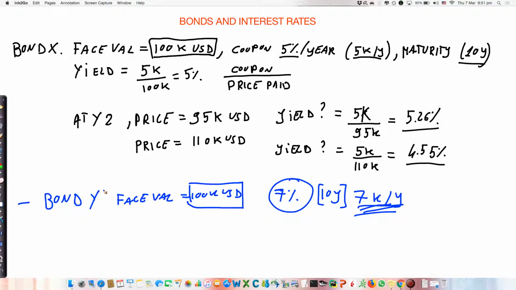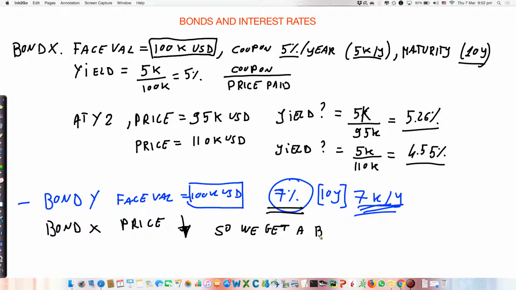Well, as you can imagine, in order to match this kind of yield, the price is supposed to drop, right? In other words, now that we have this 7%, our bond X price should drop.